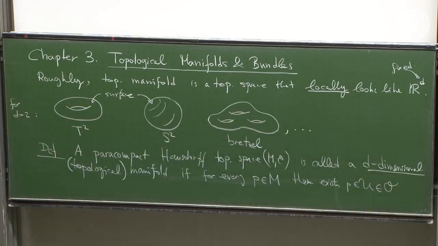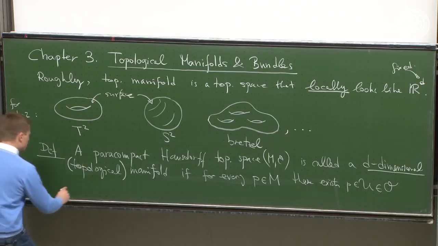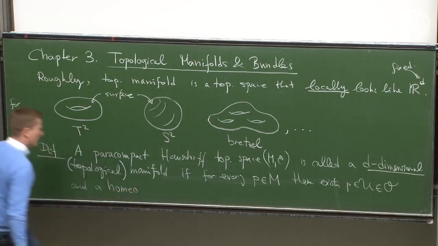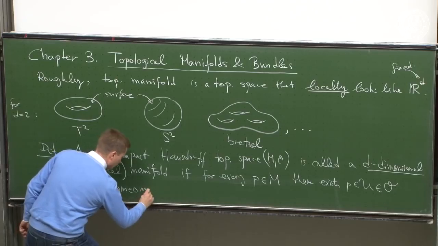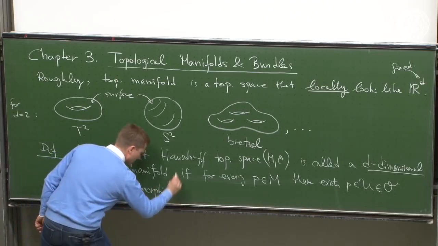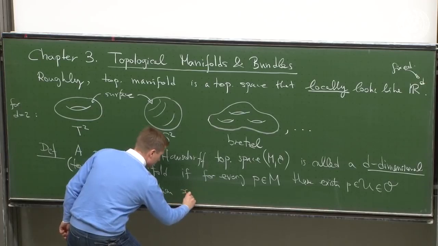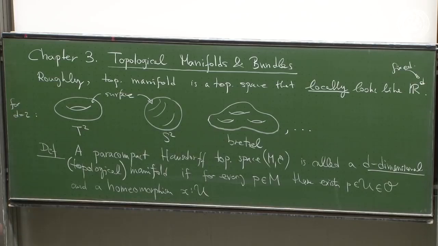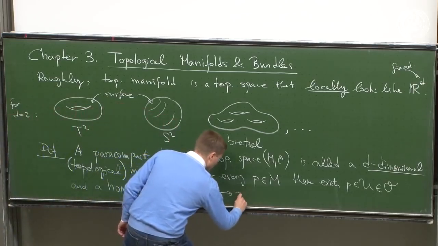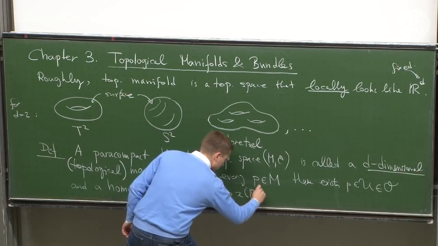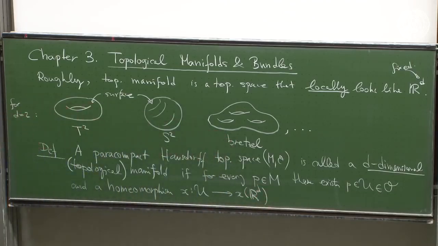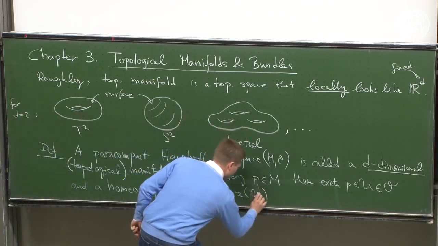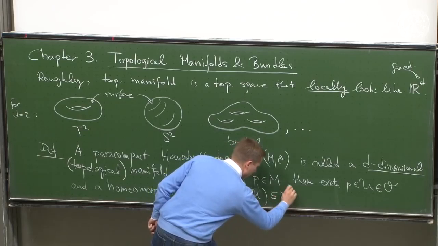If for every point or around every point there exists an open neighborhood and a homeo, with its full name a homeomorphism, let's call it x, that takes you from this open neighborhood U into some subset of R^d, so into the image x(U), which is a subset of some R^d.